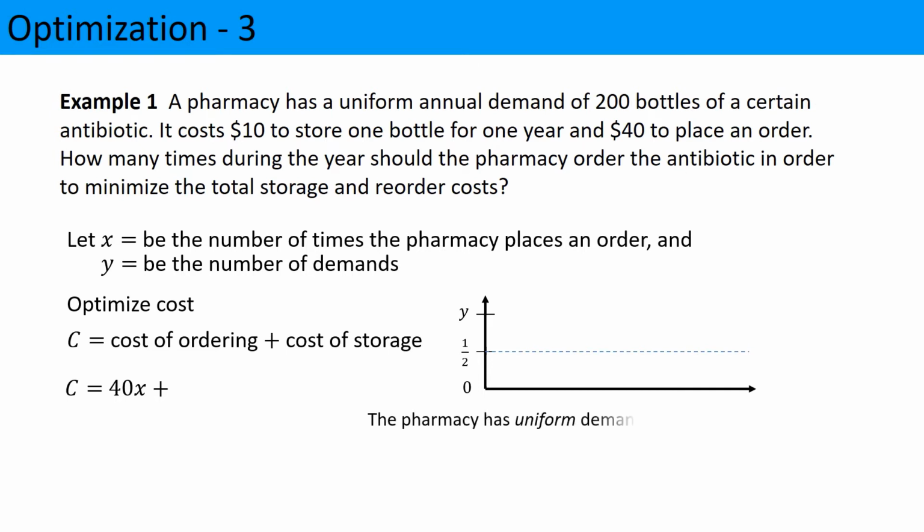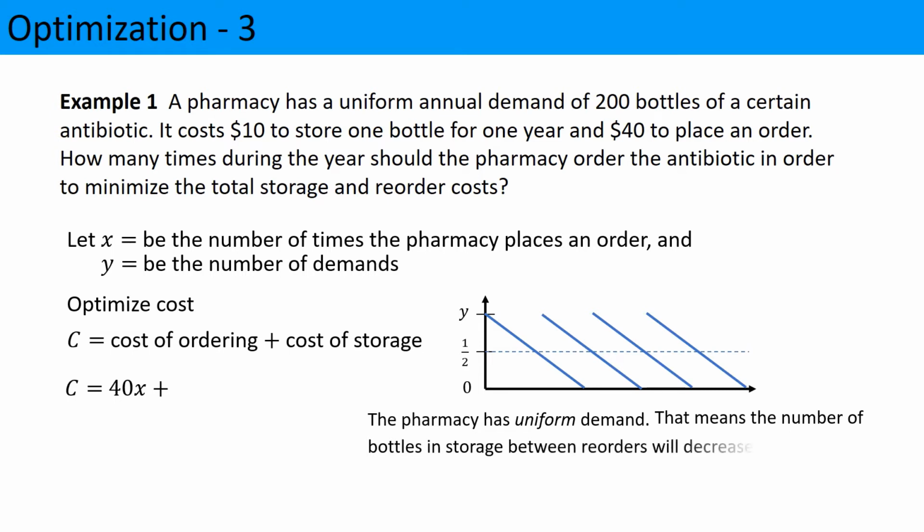The pharmacy has uniform demand, so the quantity depletes at a constant rate. That means the number of bottles in storage between reorders will decrease from Y to 0, and the average number in storage each time period is 1/2.